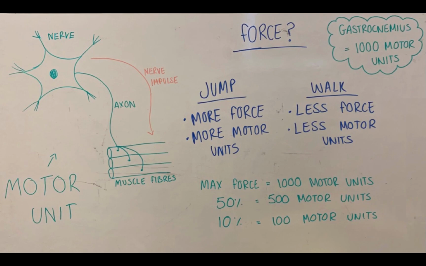Just to reiterate, for jumping you need a lot more force, which means you would need a lot more motor units, so a lot more of these guys. If it's at maximum force, every single motor unit in that muscle would be activated at 100% to create that movement. Whereas for something that needs a little less force, like walking, you would need fewer of these motor units to be activated.